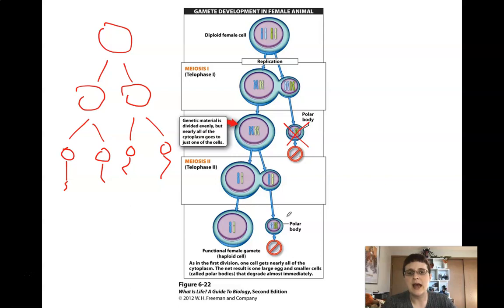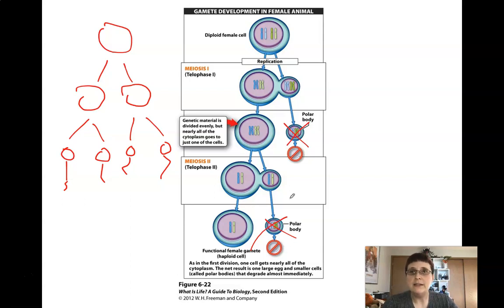This is going to be destroyed, and this one is going to be the one that becomes the functional gamete, or the egg. So what we end up with is one large egg, and then these two polar bodies that get broken down pretty much immediately, and the materials are recycled.